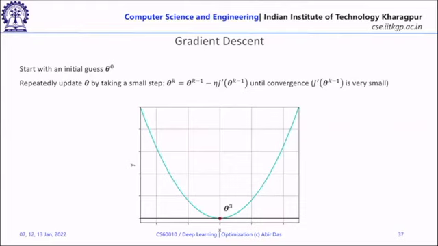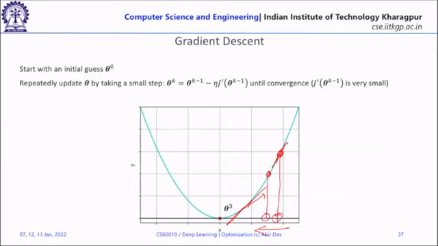Now, suppose you are here and you are taking a long step, that means your gradient is in this side and you are taking a long step. When you are taking a step, you are here and you are moving in this side.